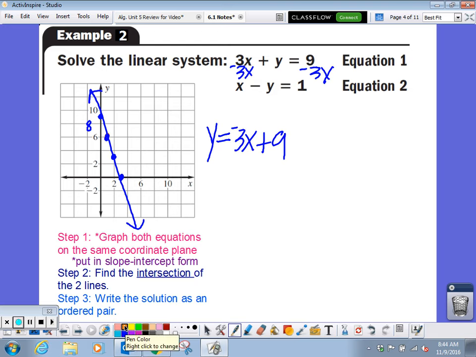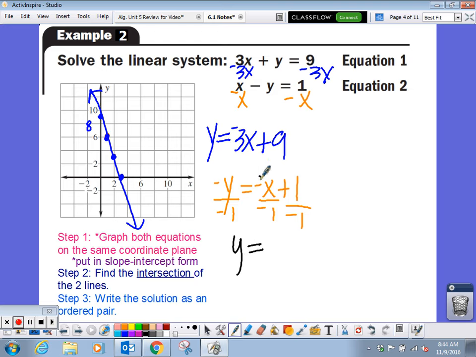Now I'm going to solve this other equation for y. So we're going to subtract x. That gets me -y equals -x plus 1. But I can't graph that because I haven't solved for y yet. So I have to divide everything by a -1. So that gets me y equals, negative divided by a negative is positive, so x.